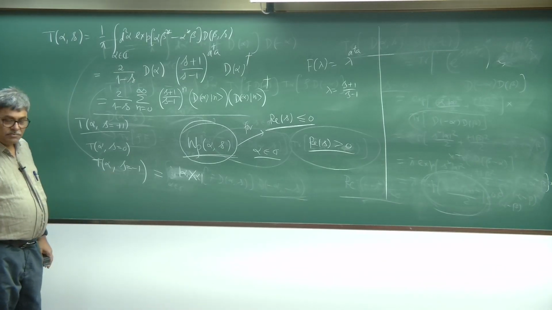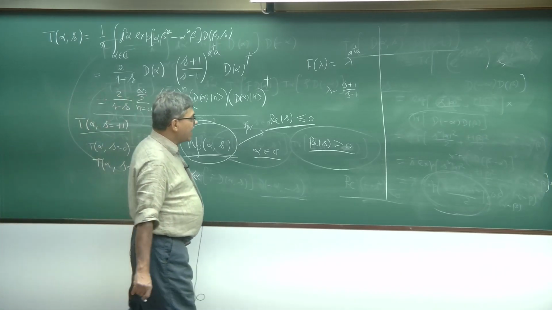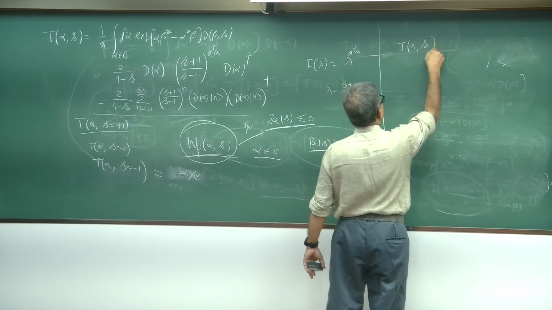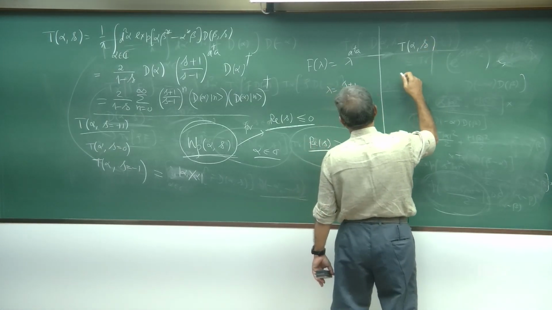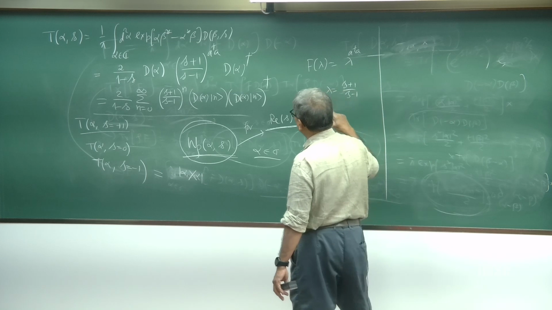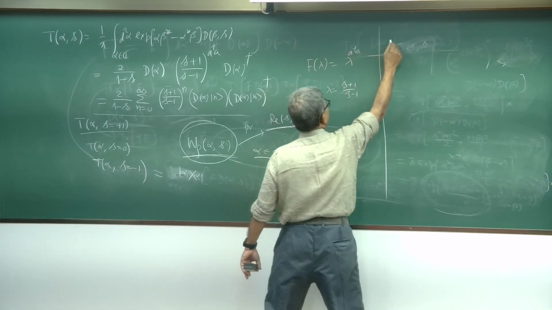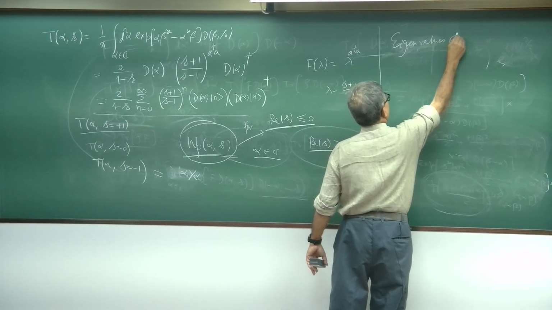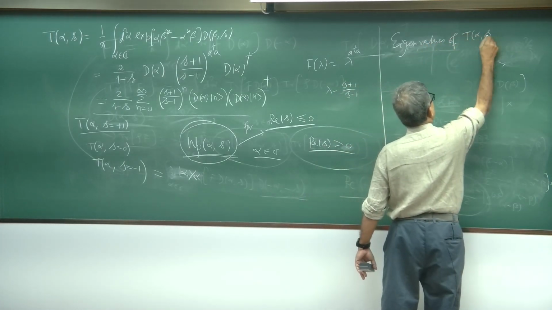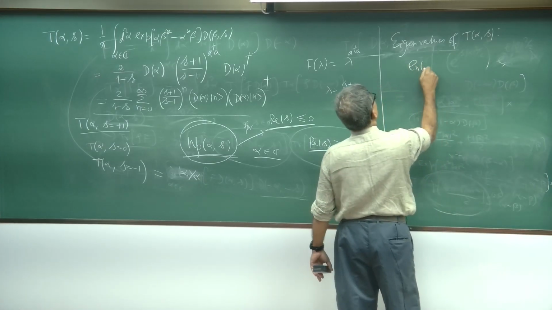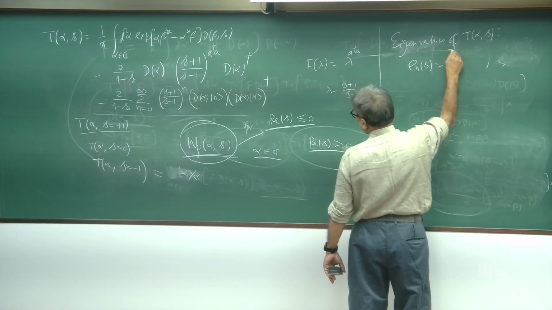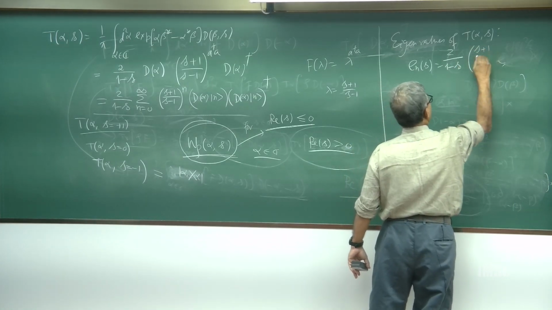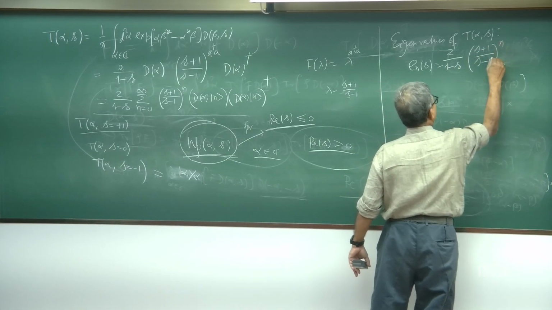Yeah, right. So, you see that T of alpha S. Okay, so let me call the eigenvalues of T of alpha S as E n of S, which is 2 by 1 minus S, times S plus 1 by S minus 1 whole to the power n.